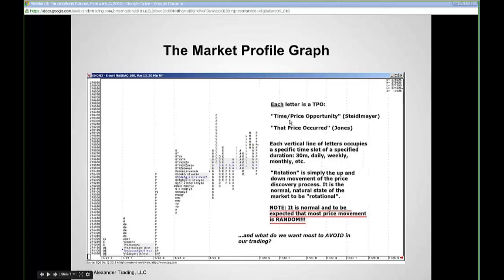And this is typical Stettlemyre, coming up with a head-scratching, abstruse definition of something that's relatively simple. Leave it to Don Jones, who, again, is a physicist, literally a scientist, to simplify things: that price occurred. I really prefer that price occurred because that's what it is. This indicates that a price occurred at this level in this time frame.